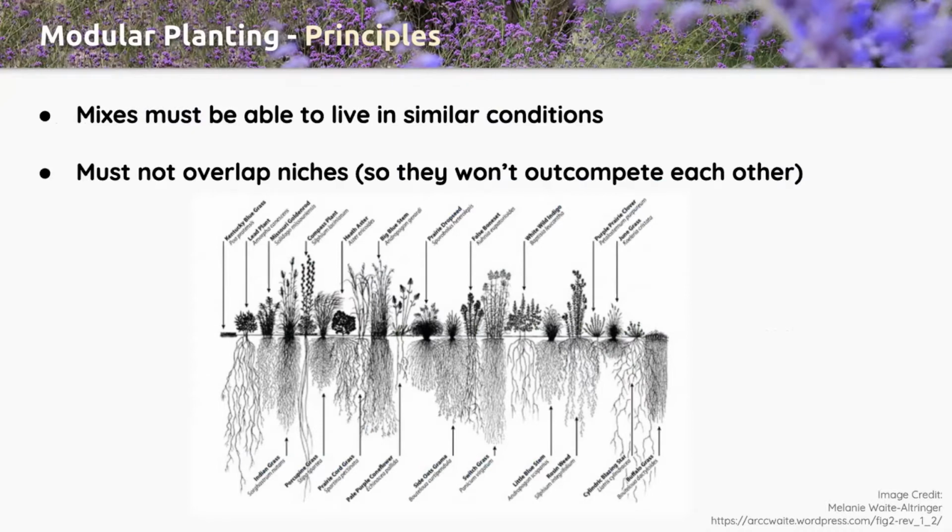So first of all, when you create a mix, we're going to be talking about how I created that mix on that first slide. They have to be able to live together in similar conditions, of course. So that's why we're saying it doesn't necessarily have to be native. If it can survive in similar conditions, you need to make that call on what's important for the type of mix that you're making. But the important part is that they don't overlap niches.